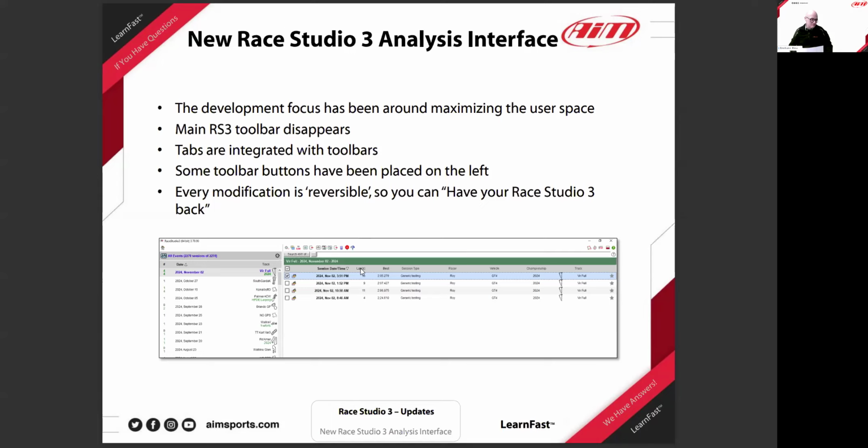You might be a bit scared by the new interface because it organizes things in a slightly different way. You can go back on any of these modifications in case you don't like them, and have your Race Studio 3 back, as one of the first users told me.